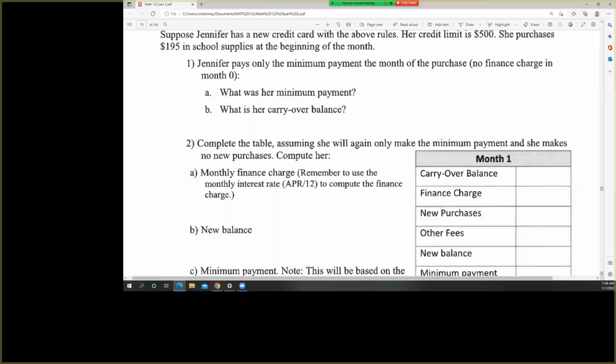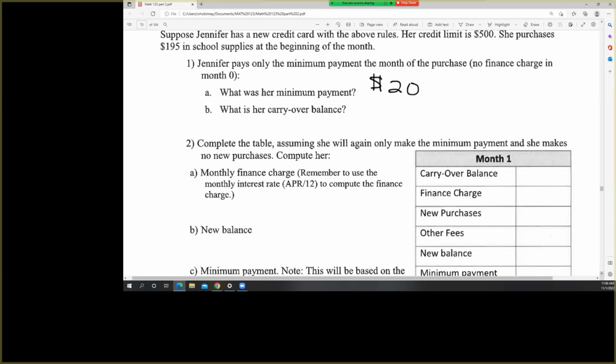So if we take 195 times 5%, it's less than $20, right? So her minimum payment is going to be the $20.